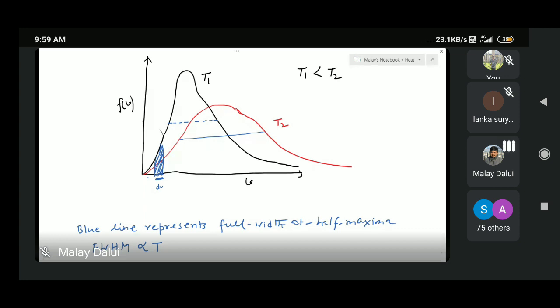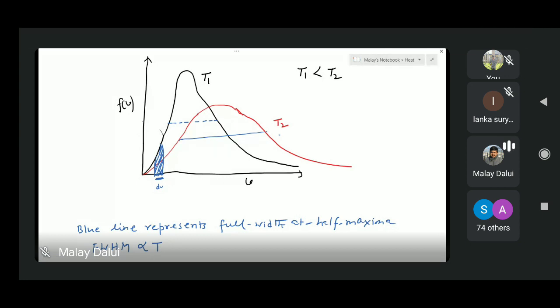So how do you know, by looking at the distribution of velocity, which one is at higher temperature and which at lower temperature? The broader the distribution, the bigger the range from this side to the other side. To quantify that, we define something called full width at half maximum.